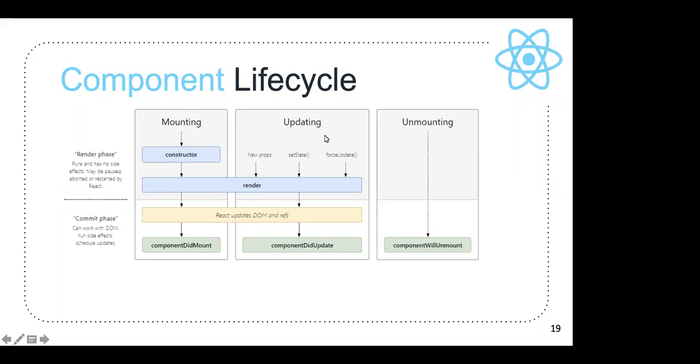When it comes to updating, there are props, setState, and forceUpdate. Once we are updating our properties or states, componentDidUpdate is called and the component re-renders, because we need to show updated values, that means an updated UI, to the users.